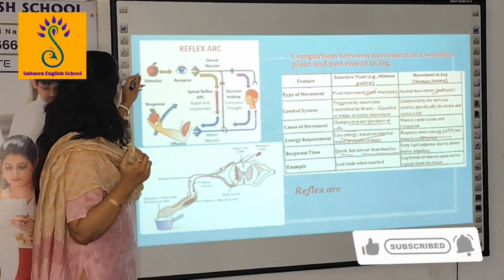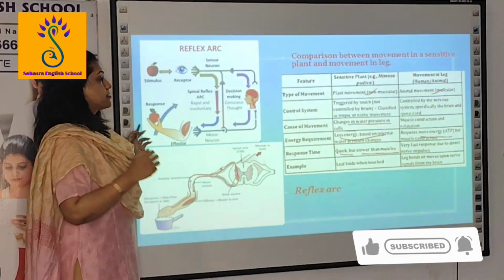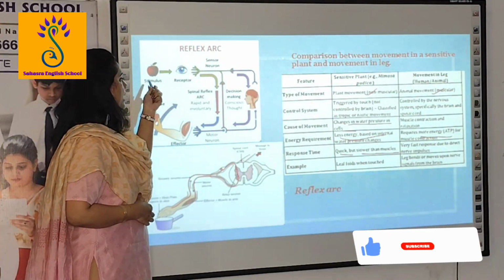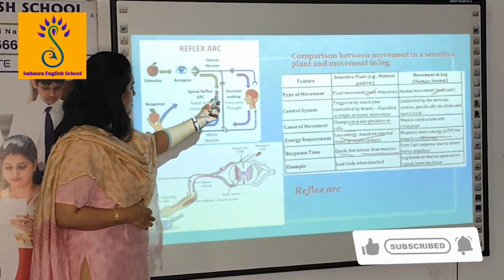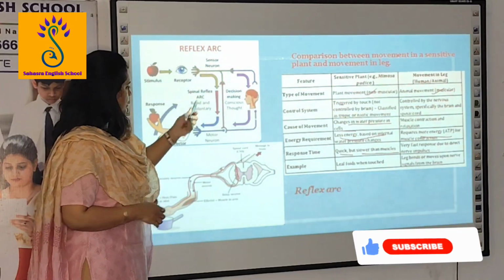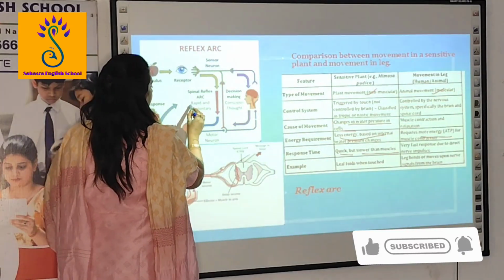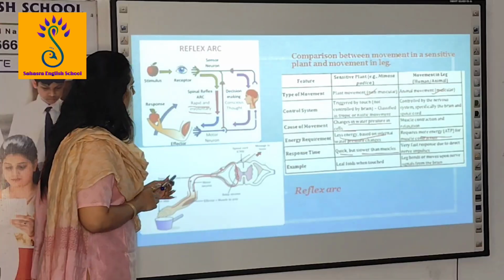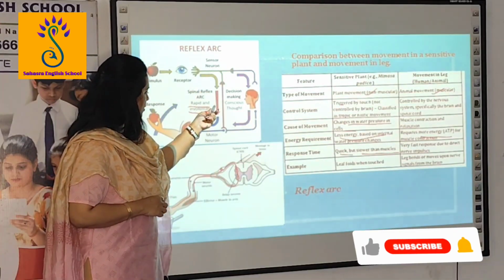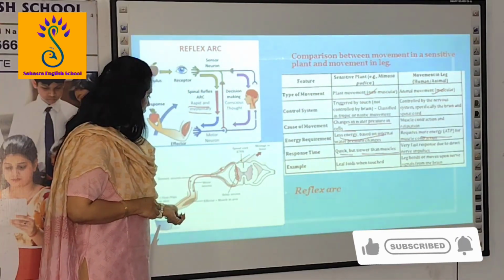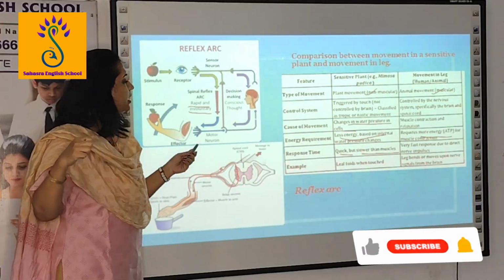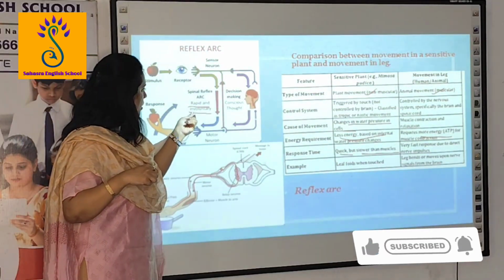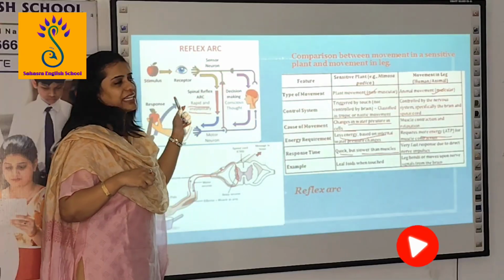Look, I have given this like this. Stimulus: you have seen an apple. Through the sensory neuron it is going, this is the spinal reflex arc. This is for rapid and involuntary action, I told you. In the spinal cord, for the hot pan, the action is to immediately withdraw your hand. So the rapid and involuntary action occurs through the spinal reflex arc.